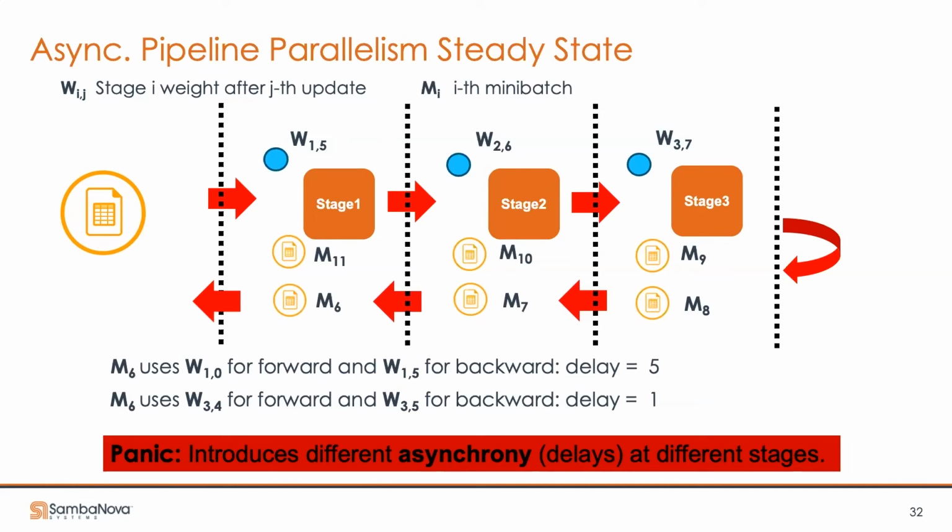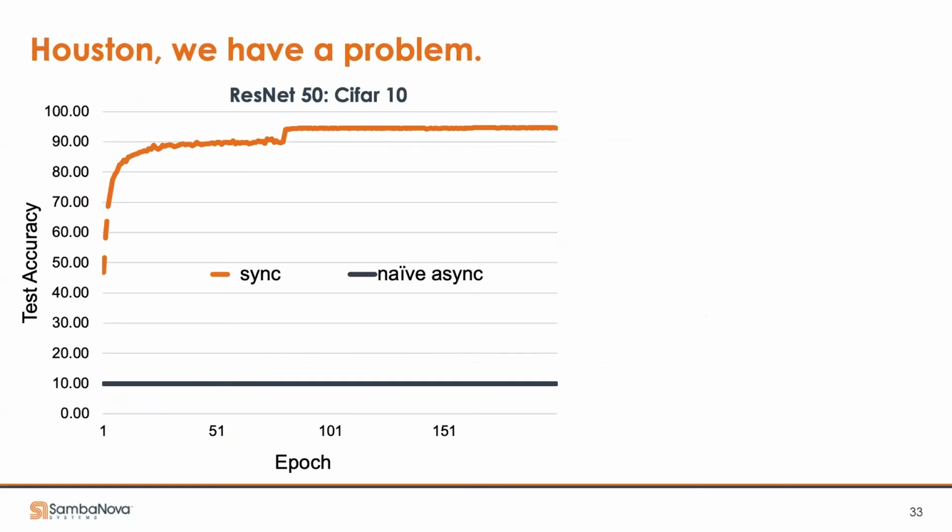The compute units that are closest to the synchronization barrier or the loss function have the most updated weight copies, while the compute units that are away from the synchronization barrier have the stalest version of the weight copies. Now, given this chaotic training dynamics, where different compute units are executing different versions of the weight copies, you can imagine that training becomes difficult to do.